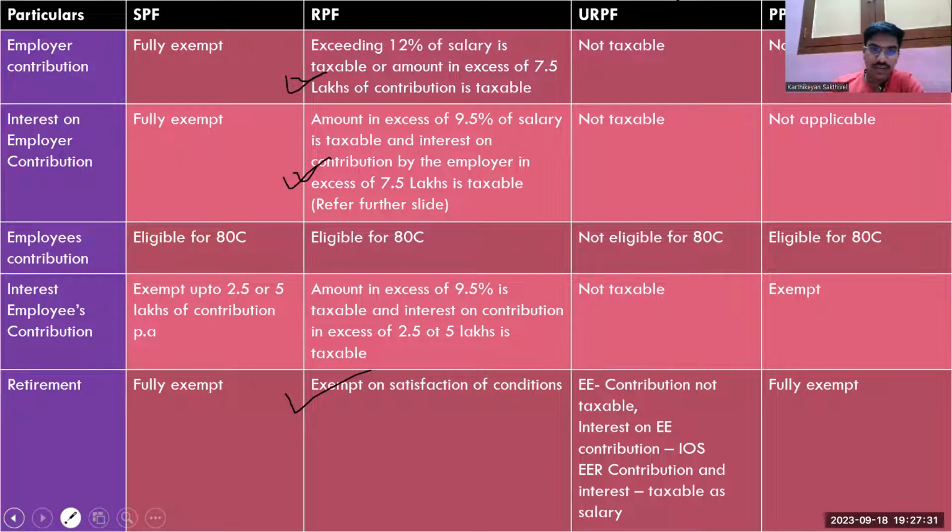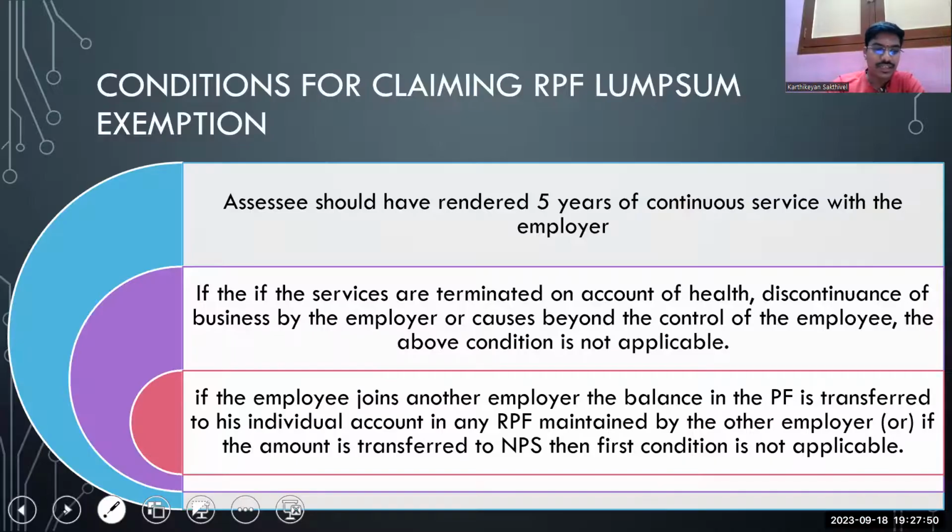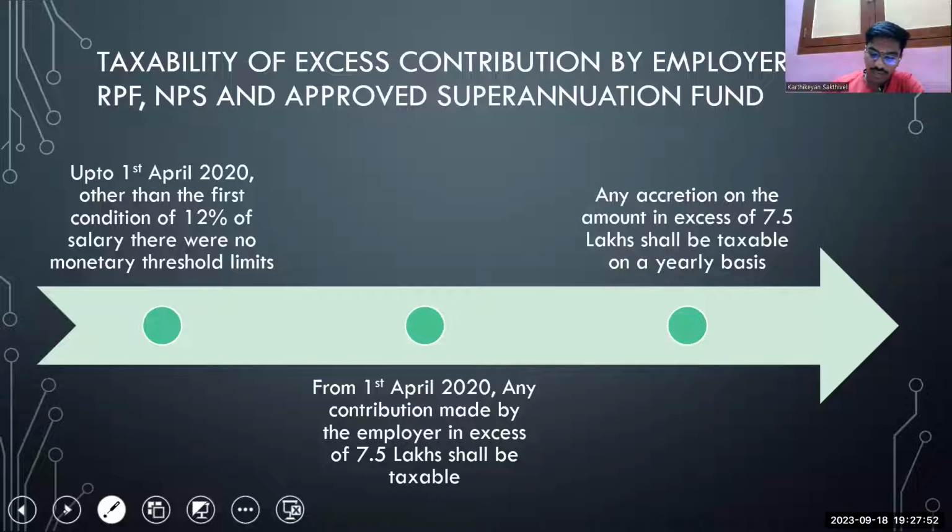So what will happen at the end is, the amount won't be taxed. Now if the employer's contribution is like that, what happens is they will make sure it doesn't cross 12% of salary. After that, if I am retiring after 5 years of service, I will receive that amount without paying any tax on it. So to combat that aggressive tax planning, in the year 2020 what they did is, any contribution made by the employer in excess of 7.5 lakhs will be taxable from 1st of April 2020, from when COVID came.